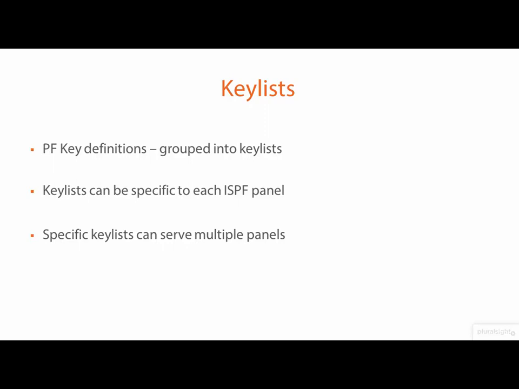But that would be the criteria for establishing a key list. So for the most part, we would not be modifying any key definitions in that regard. Instead, if we needed to modify a PF key, we would just modify the PF key directly rather than creating a key list that would be associated with a particular application.